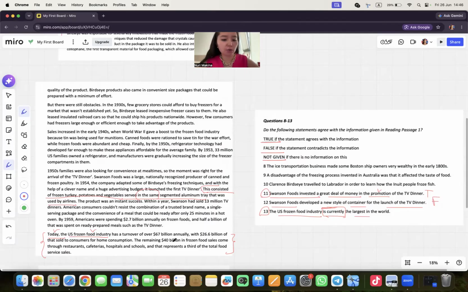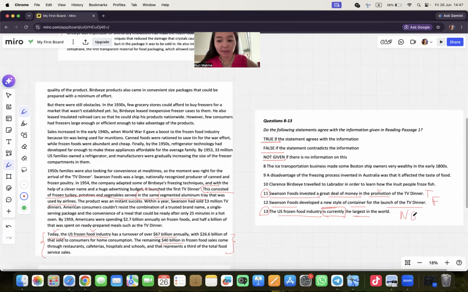Largest in the world? No, we don't have this information. As you can see, we have information about turnover, about cafeterias, hospitals, and schools, they take up $40 billion. We don't have anything about largest. Was it largest or not? No, so it's not given.